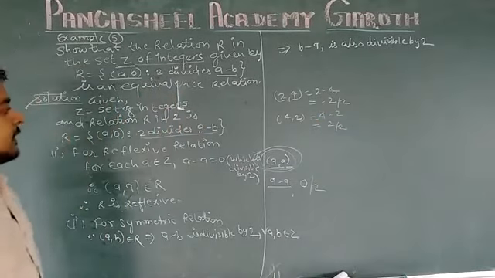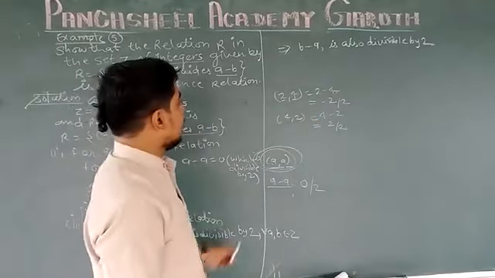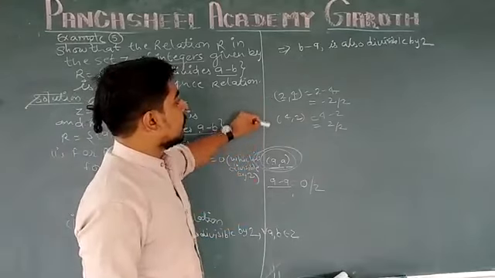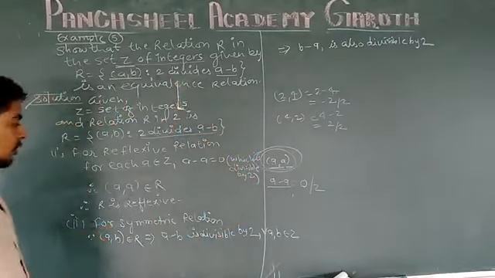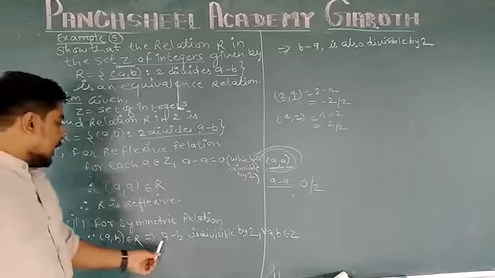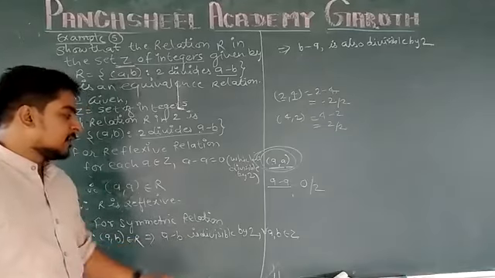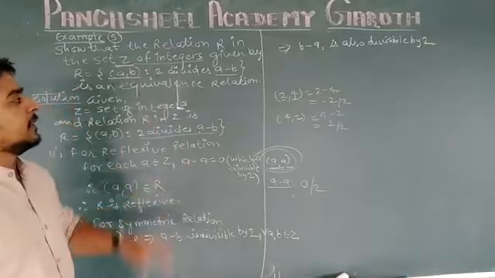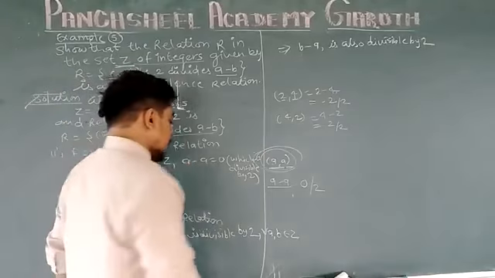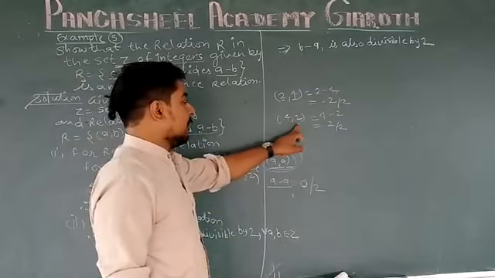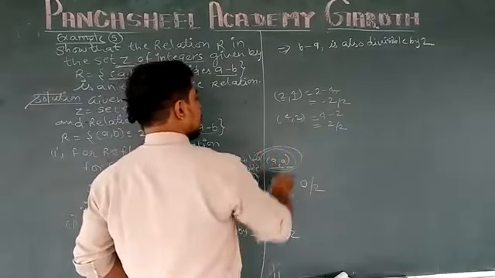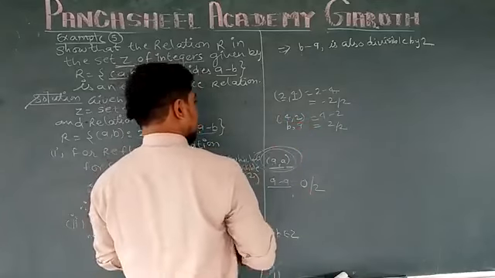So by demonstrating this example, we are showing that if a minus b is divisible by 2, then b minus a is also divisible by 2. Therefore, if b minus a is divisible by 2, then the ordered pair (b, a) will form.